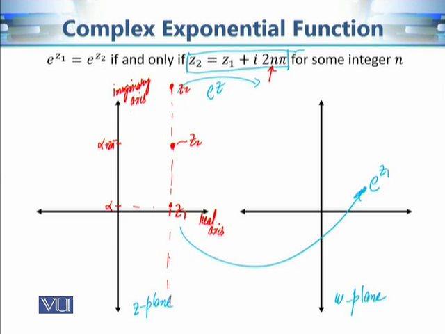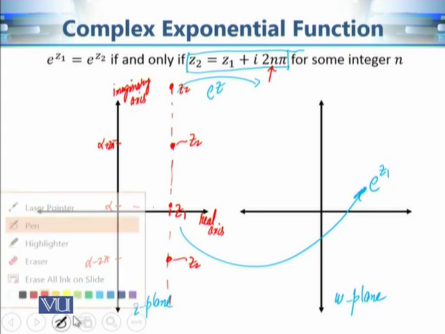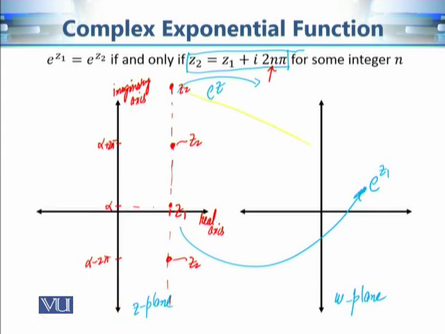Similarly in the other direction, if this is alpha minus 2π, then this is of course z2. So this z2 is mapped onto this number, this z2 onto this number, and this z2 onto this number. So the image of all of these numbers is going to be the same. That's an important observation about the complex exponential function.